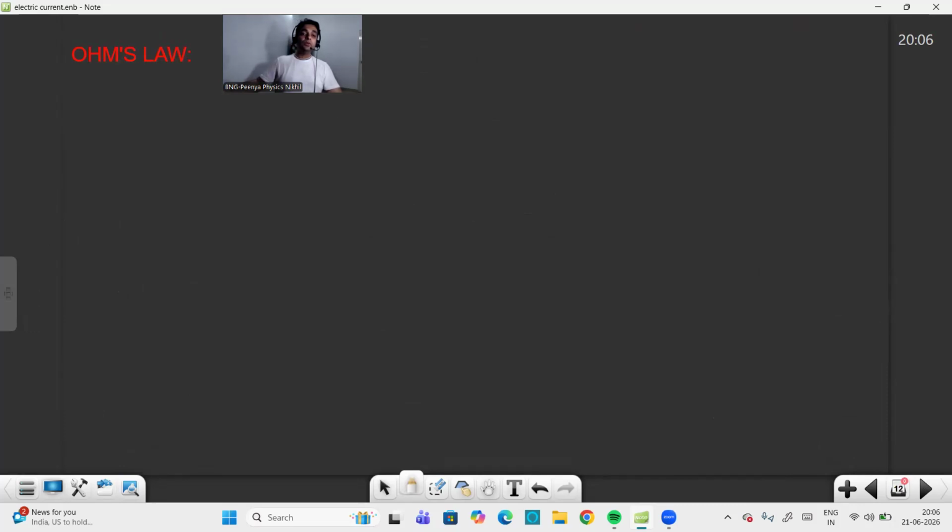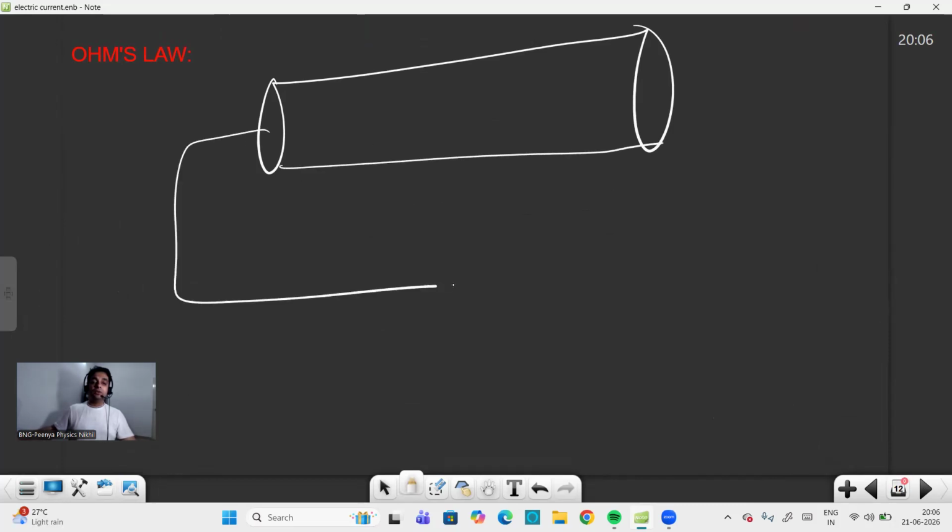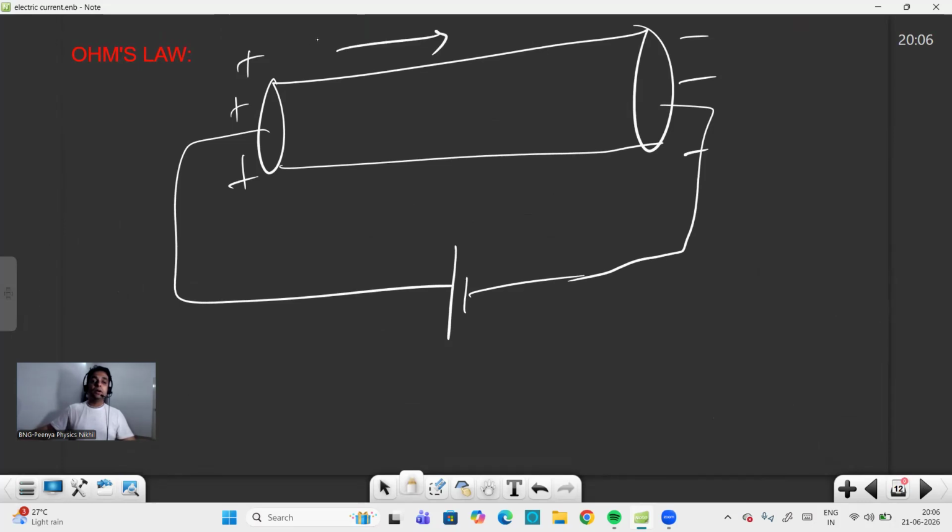Now with this relation, we will prove Ohm's law also. For example, there is a wire, a conductor, and we connect a supply to it. Here is the higher potential end and here the lower potential end, with electric field E vector from higher to lower.